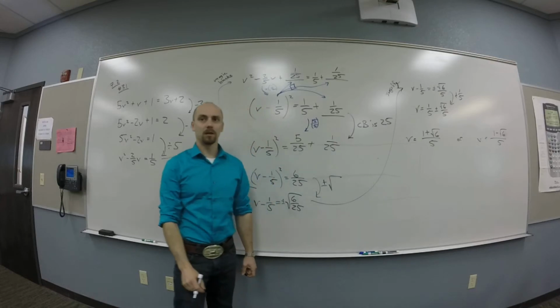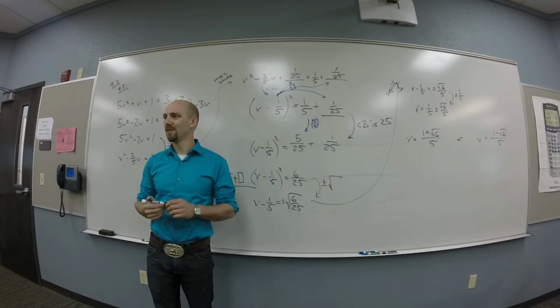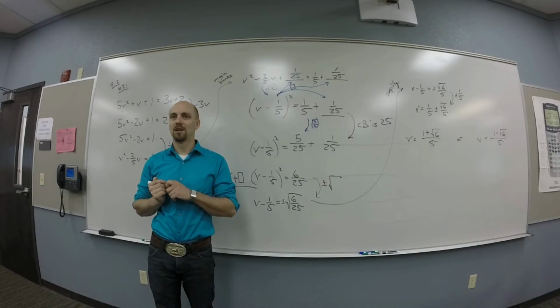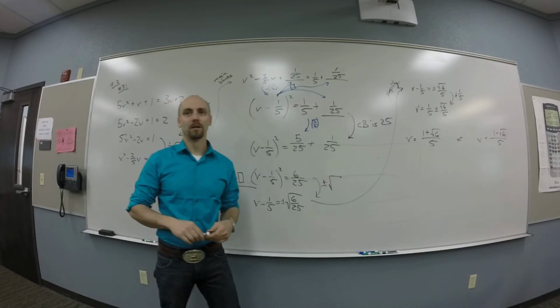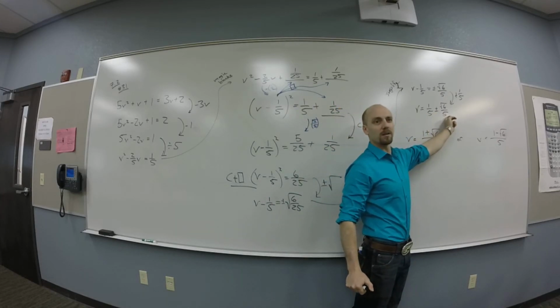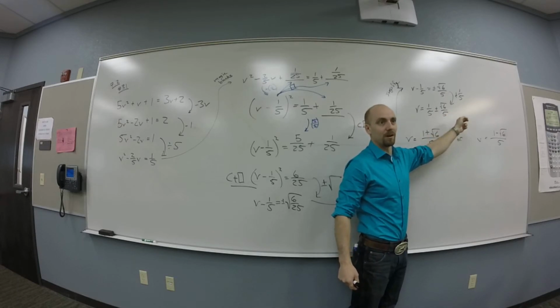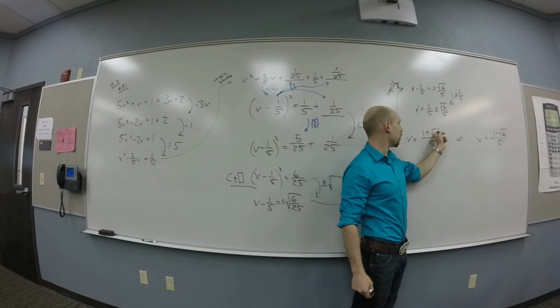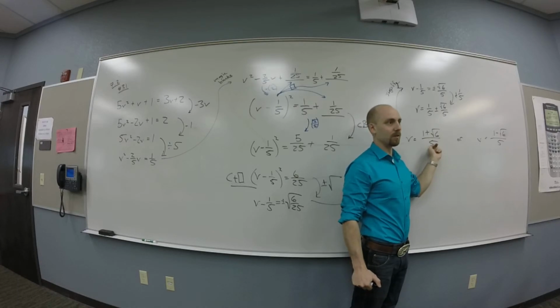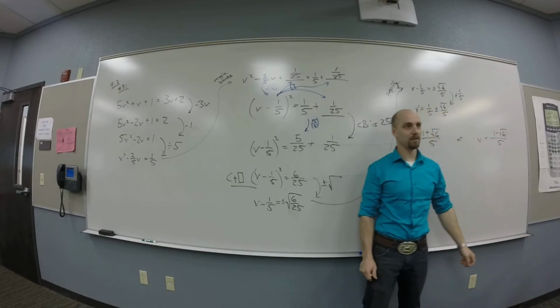You guys all with me on that? Why did I stick them both over 5? You guys all see that? Because we're really counting fifths, right? This thing's saying you've got 1/5, and that thing's saying you've got, well, however many root 6 fifths. So I can count that as 1 and also root 6 fifths, or 1 take away root 6 fifths.